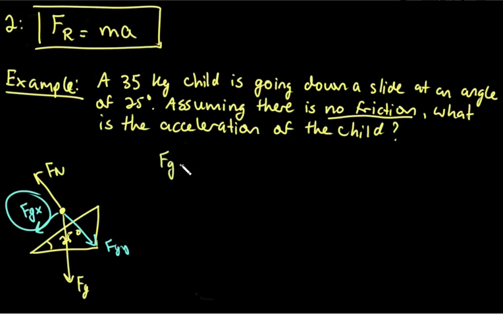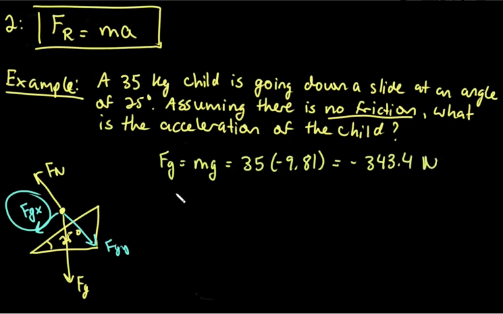So Fg is equal to mass times gravity, so 35 times negative 9.81, and that will give us negative 343.4 newtons. From here, we would use Fgx is equal to Fg sine theta to find what our resultant force is.